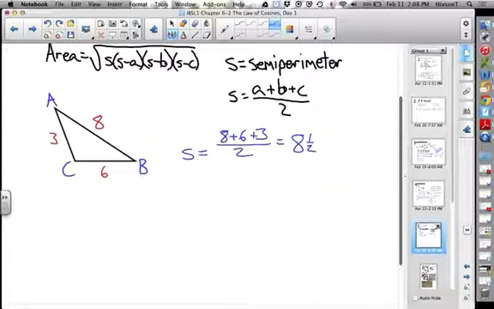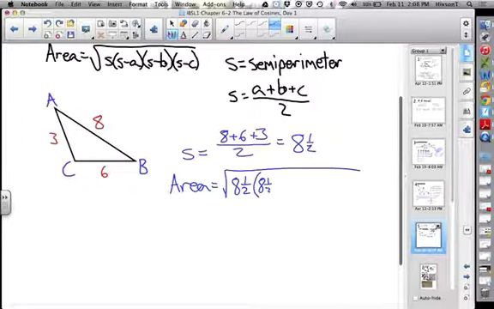Now we're going to plug that into our formula. The area equals, put your big old square root there. And then you have the semi-perimeter, don't forget that at the beginning. But then that's times the semi-perimeter minus each side. So it's minus the 8, minus the 6, minus the 3.